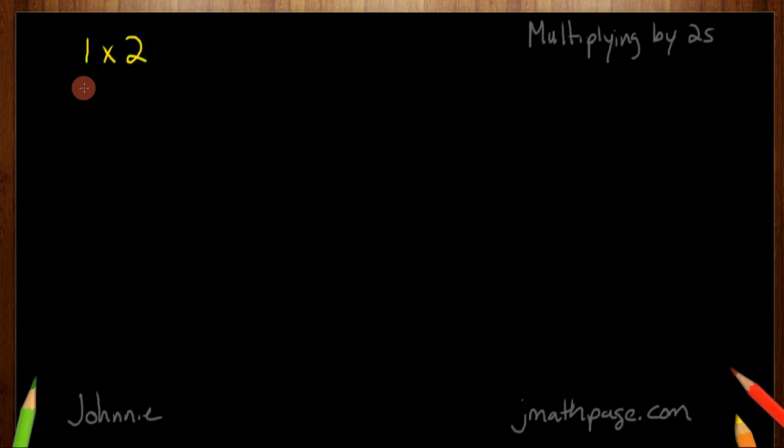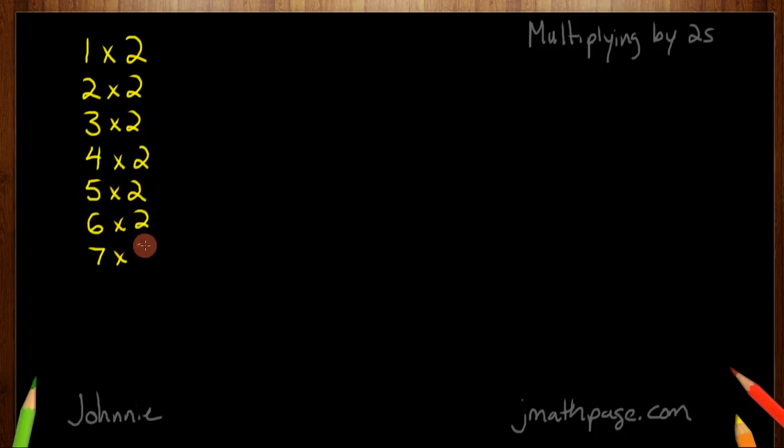So 1 times 2, 2 times 2, 3 times 2, 4 times 2, 5 times 2, 6 times 2, 7 times 2, 8 times 2, 9 times 2, and 10 times 2. That should do for today. If we learn these really well, we know our 2's.